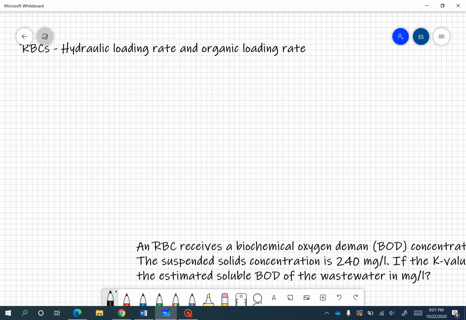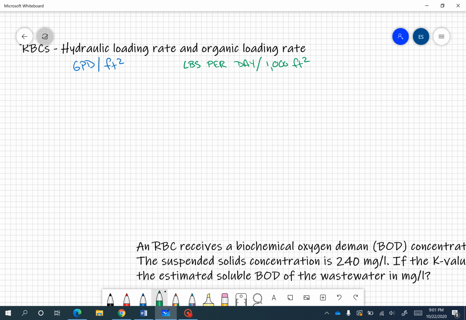So hydraulic loading rate is going to be in gallons per day per square foot, and organic loading rate, pounds per day per 1,000 square feet.